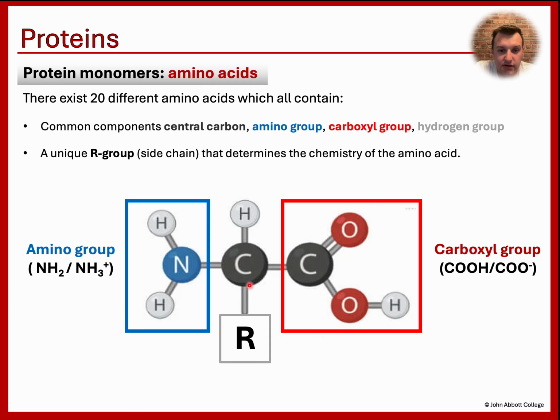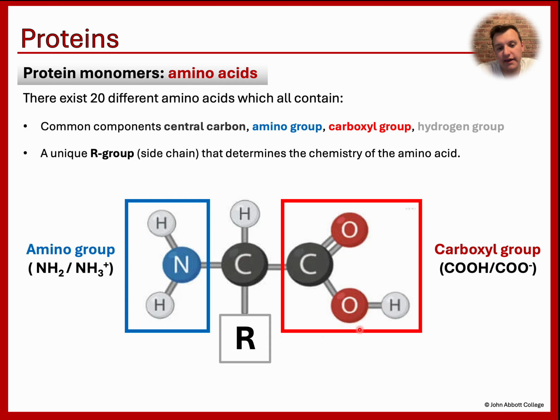Then I have an amino group on this side that could either be written as NH2 or NH3. If you took some chemistry classes, you'll remember ammonium has this N inside of it, right? So this over here is the amino group, the ammonia group, right? This is the N side.